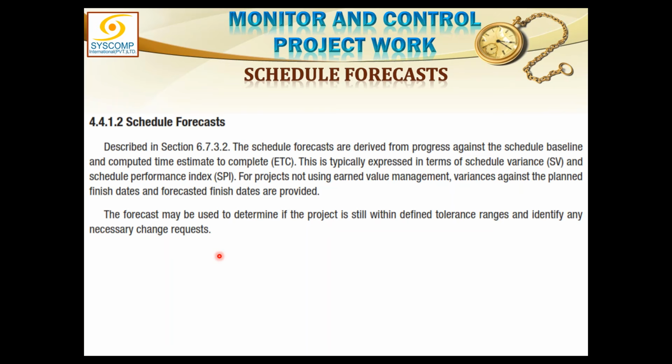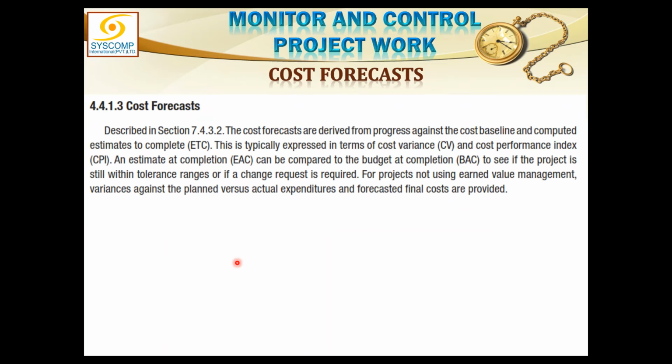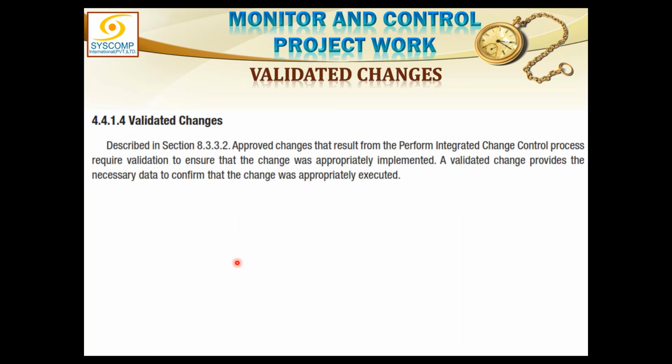Moreover, the schedule and cost, because these things are highly measurable, will also provide a forecast of the future events as far as the schedule and cost are concerned. So these 2 forecasts, schedule forecast and cost forecast, are received by the monitor and control project work. It also receives the validated changes. All the change requests which have been approved by integrated change control are sent to quality control, which validates those changes, and these validated changes are received by the monitor and control project work.